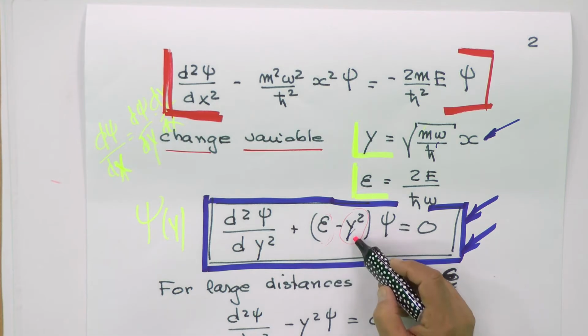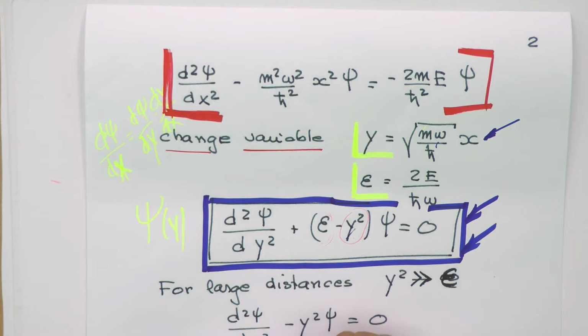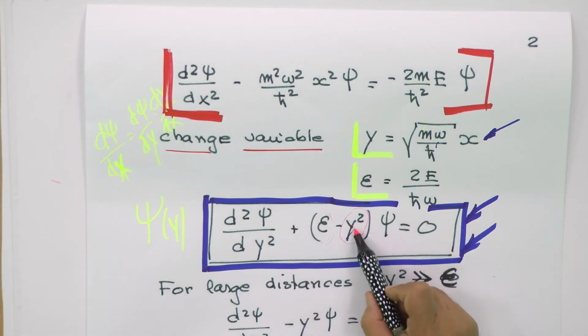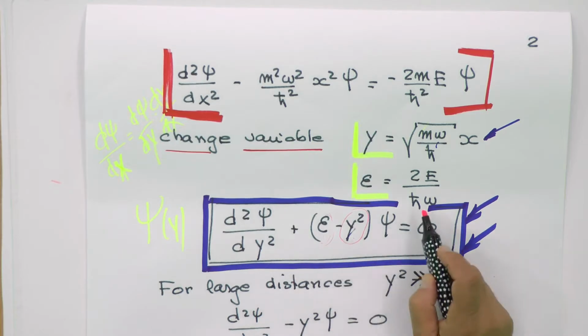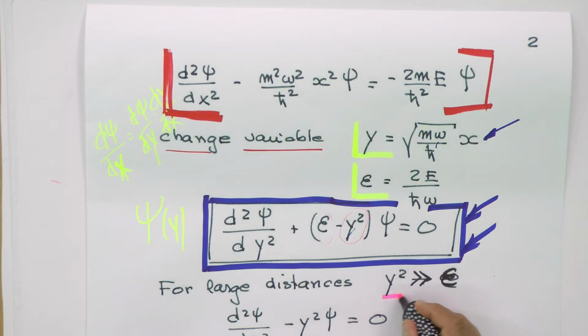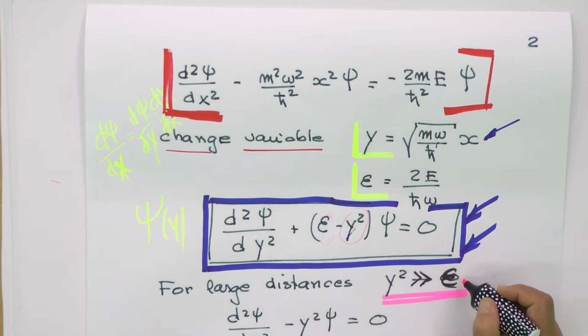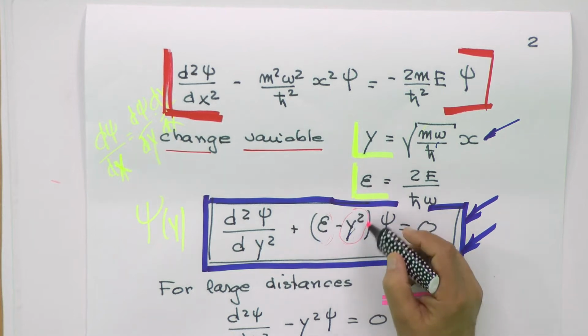If y is very small, this term dominates and we know more or less what's the solution. And if this term is small compared to this, if I go far from the center of force, which means if I consider y squared much bigger than epsilon, this term dominates, right?